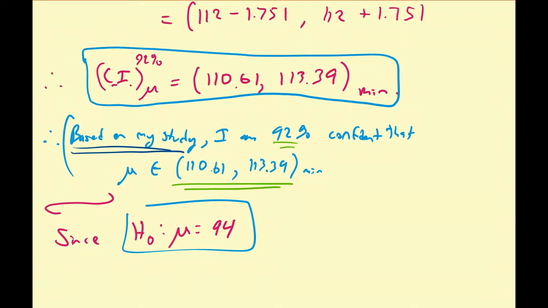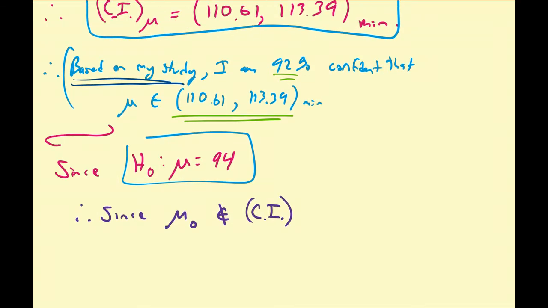Since mu0 is not within my confidence interval, I will reject the null hypothesis that mu is equal to 94, because I'm 92% confident that mu is between these two numbers, and 94 is not between 110 and 113. So I am at least 92% confident that they are wrong. So I'm going to reject the null hypothesis, and this is based on my sample.